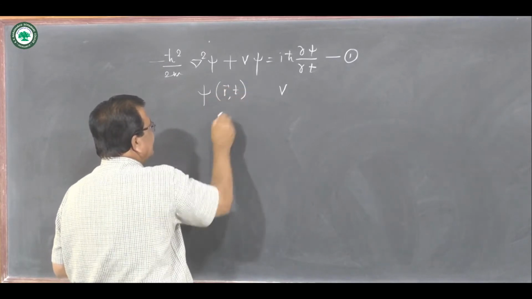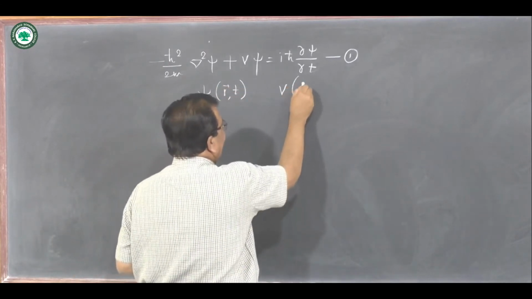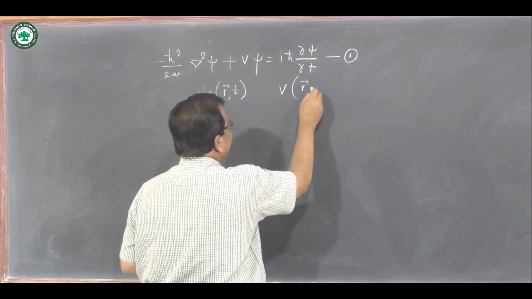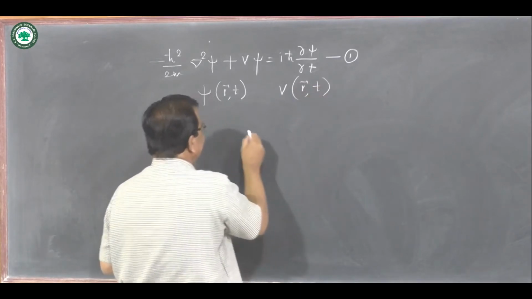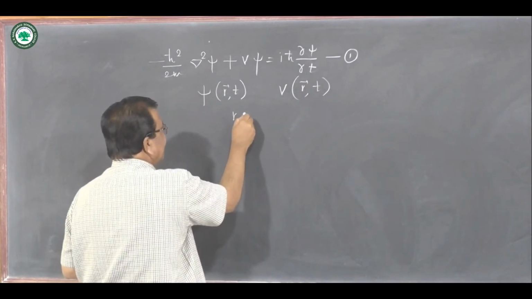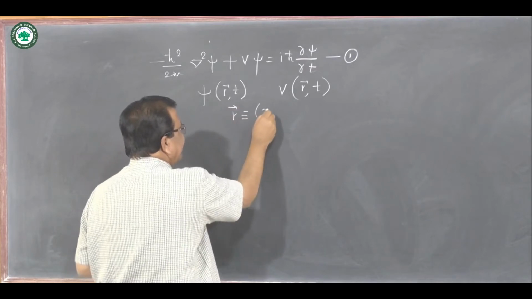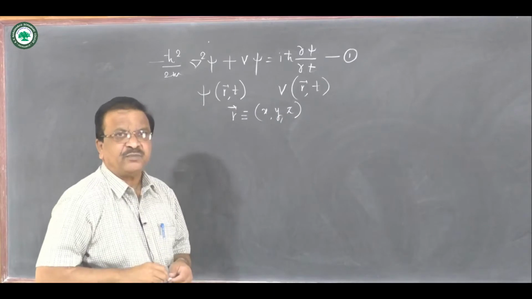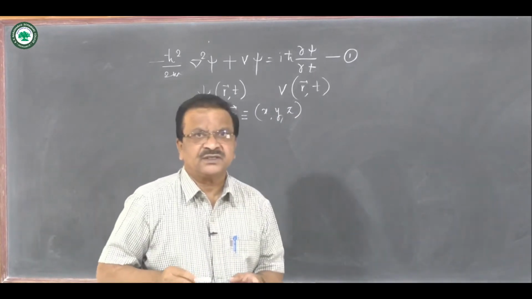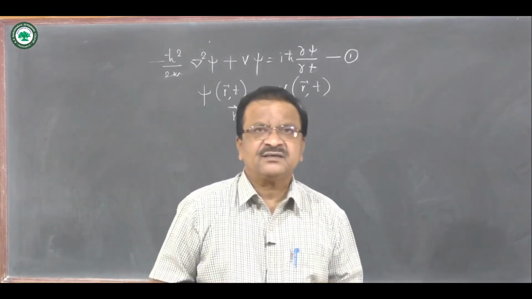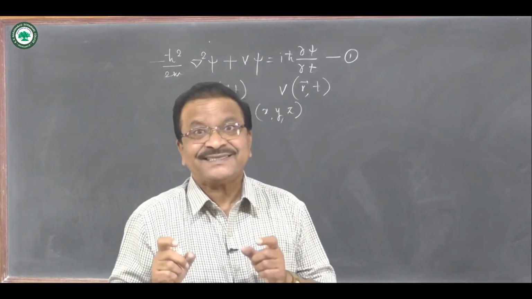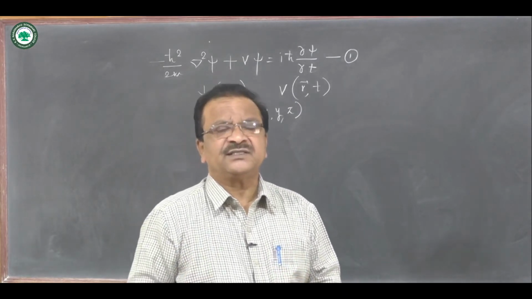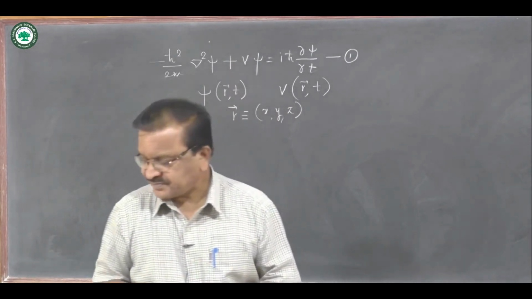Both are functions of space coordinate r or position coordinate r, where r stands for xyz, and time t. So this is a very important point, that both psi and V are space as well as time dependent in Schrodinger's time dependent wave equation.